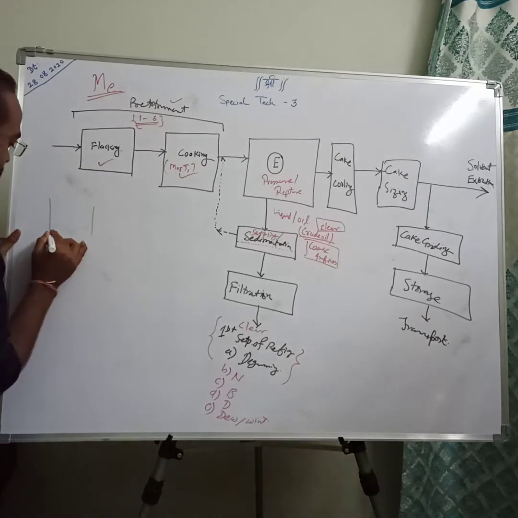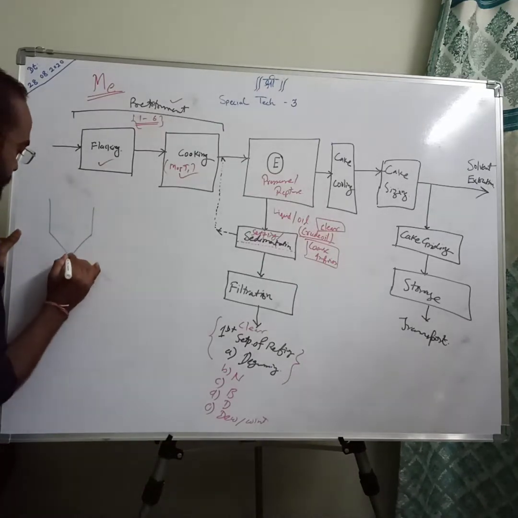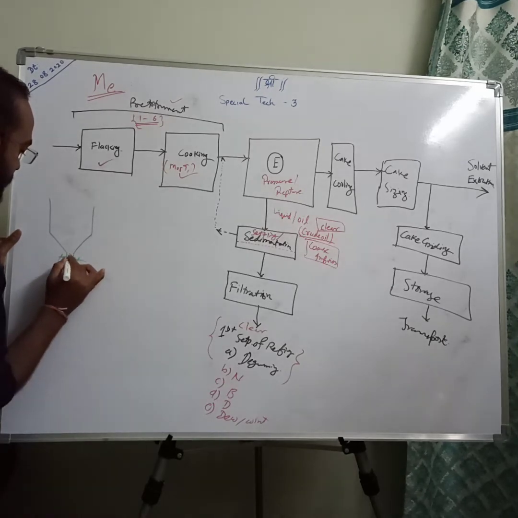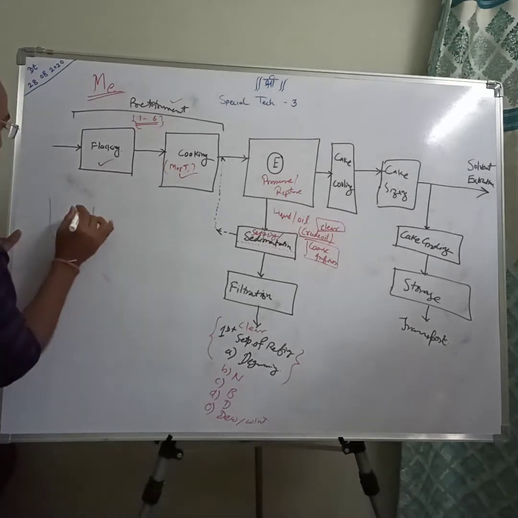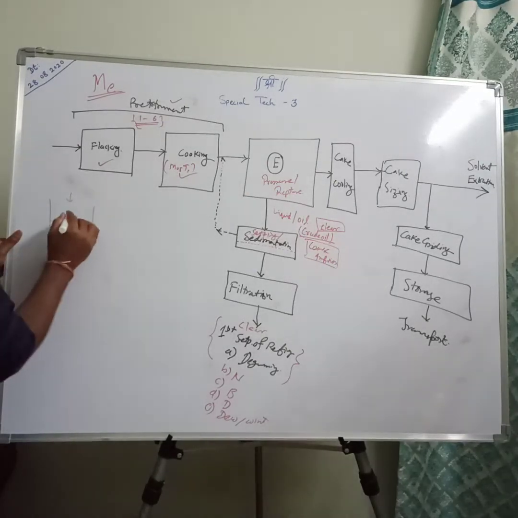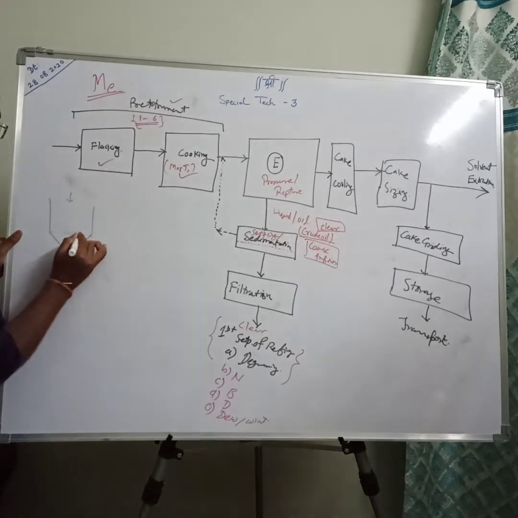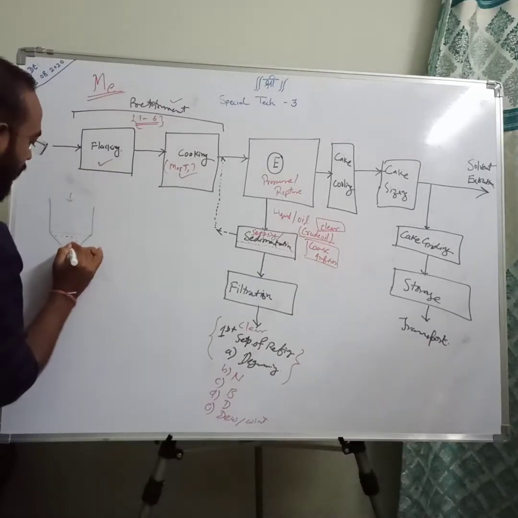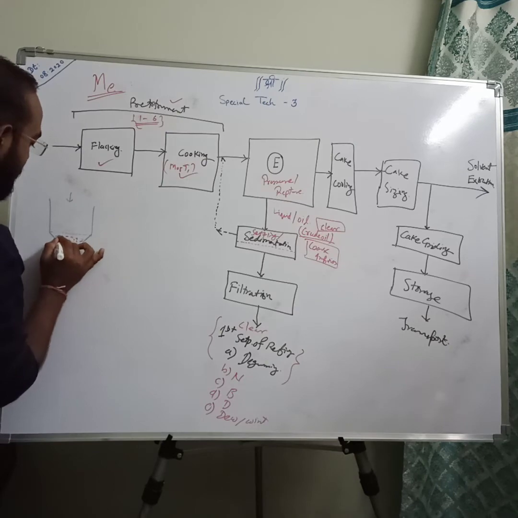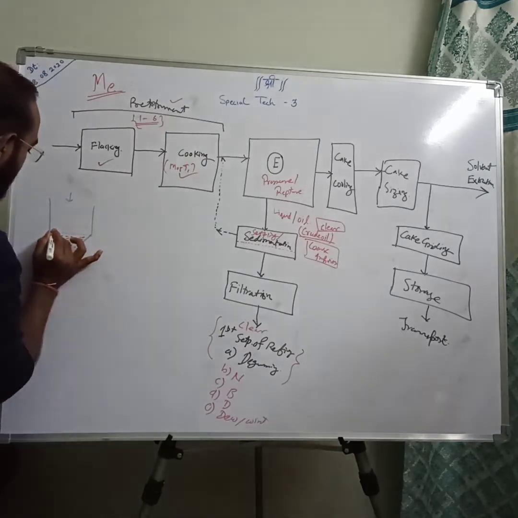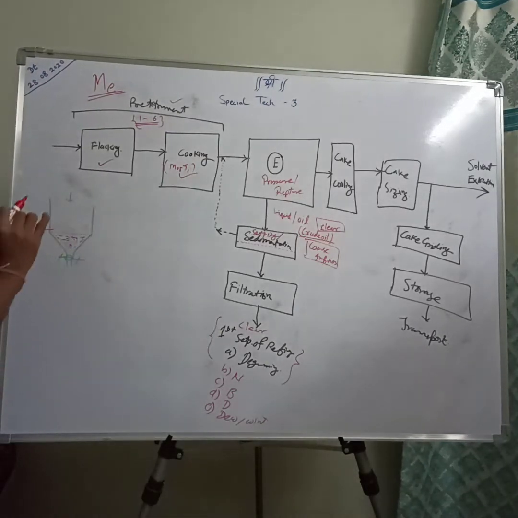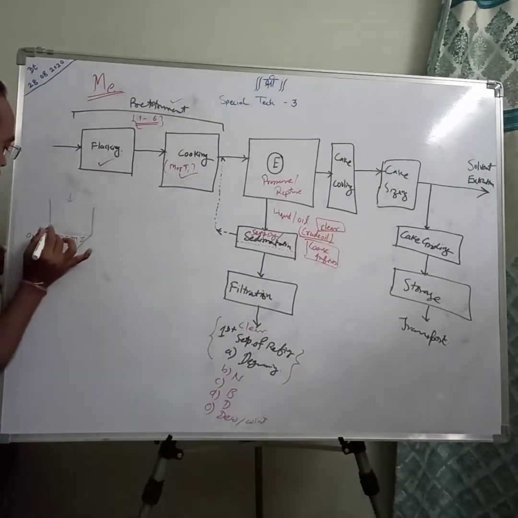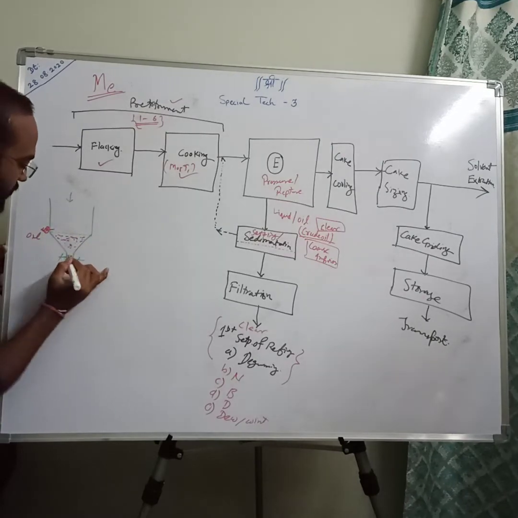The first one is conical at the bottom, and one valve is there. This is one type, conical. Mainly the solid portion is settled here. All the solid impurities settle here, and clear oil, or oil with a minimum amount of solids, is removed from here. One valve is here, one valve is here.